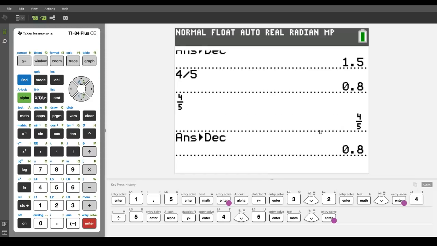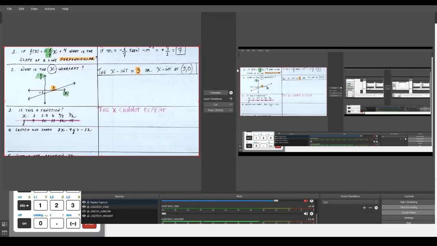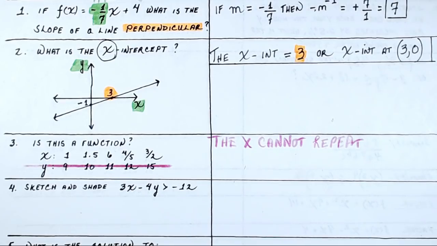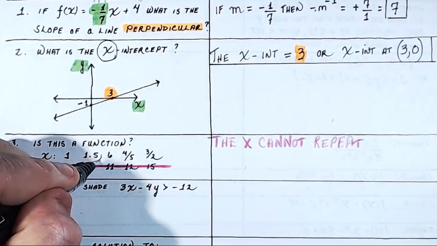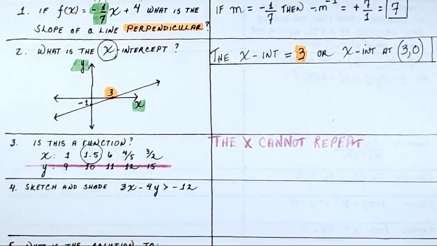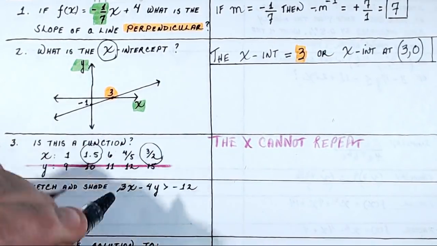So now that we've taken a look at that, you've noticed that 3/2 is equal to 1.5. So let me flash back to the workspace. We have here 1.5, and that is equal to 3/2.